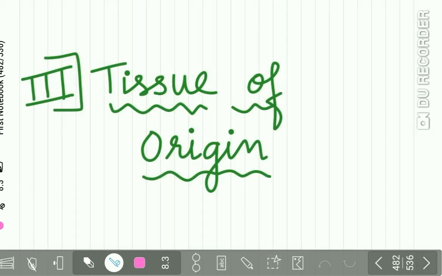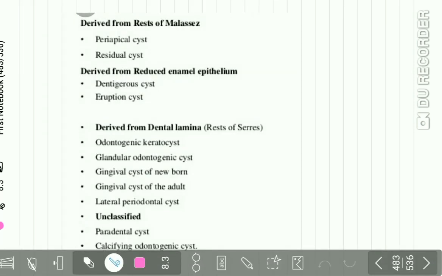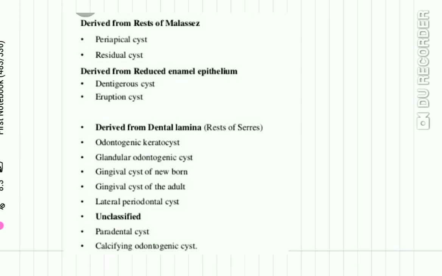Now, the third system of classification of the odontogenic cysts is dependent upon the tissue of origin. So, there are three tissues of origin: the epithelial cell rests of Malassez, the reduced enamel epithelium, and the dental lamina. So the cysts arising from the rests of Malassez include periapical cyst and the residual cyst. The cysts derived from the reduced enamel epithelium include dentigerous cyst and eruption cyst.